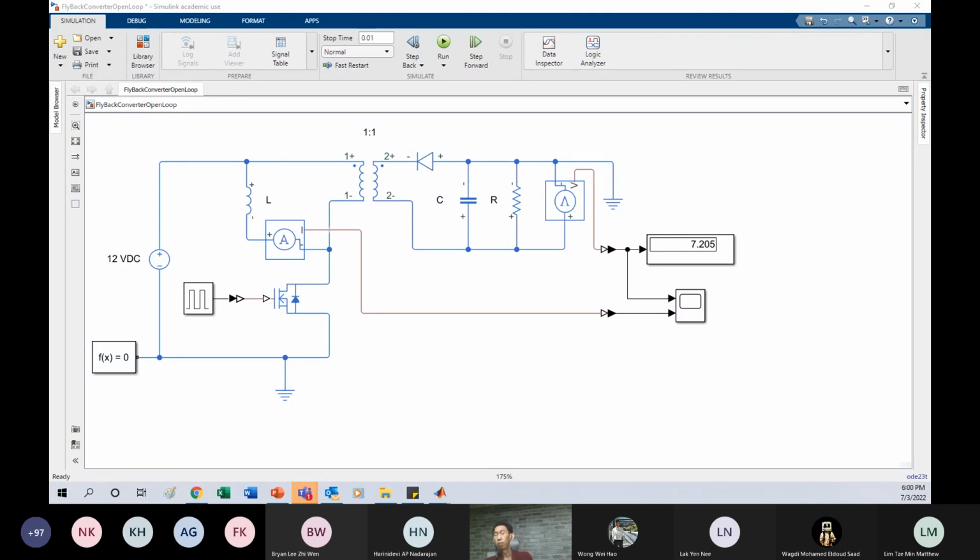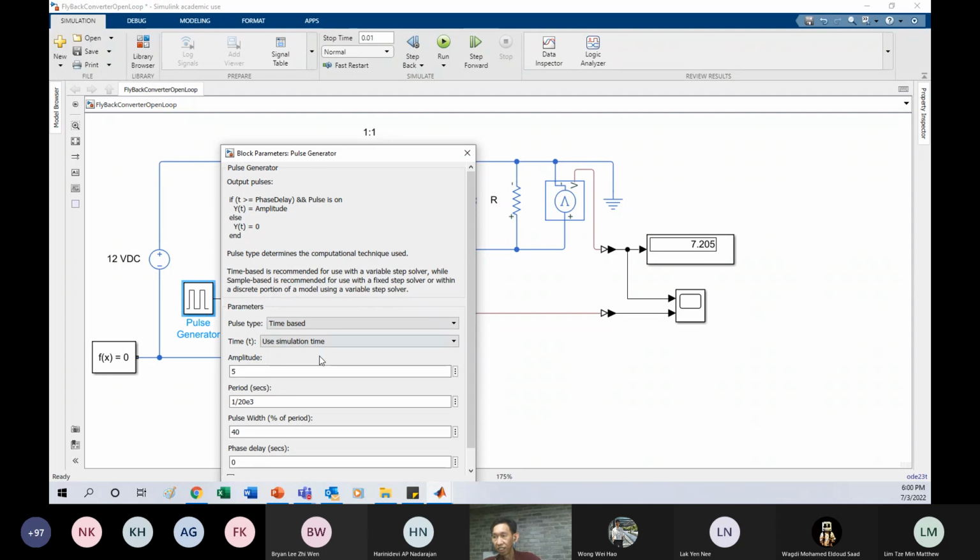Oh, 38%, 32.5. Oh, super fast. Wow. Good. 32.5. Okay, let me try. 32.